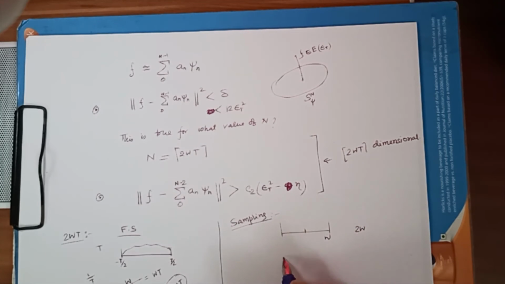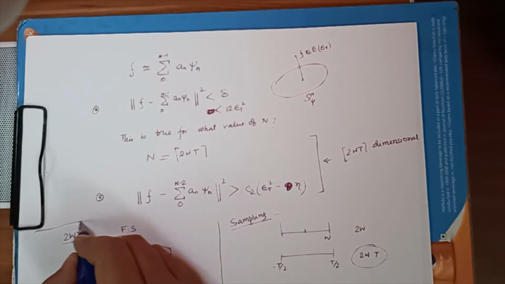And what is the time duration? The time duration is T. So how many samples are possible in T time duration? 2W into T. That is the total number of samples possible of that signal. So again, this is a kind of dimension or degrees of freedom.